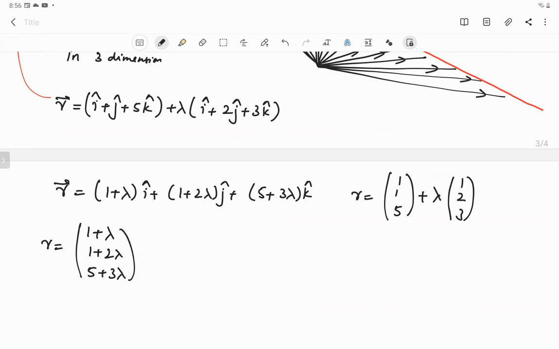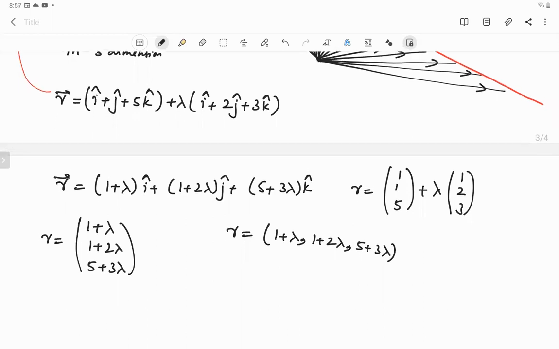And we can even write it like this in the coordinates form, (1 plus lambda, 1 plus 2 lambda, 5 plus 3 lambda). Many teachers write it like this, and they call R the coordinates of a general point. This helps the students to identify the coordinates of R as the coordinates of a general point, and then they can easily solve many questions.